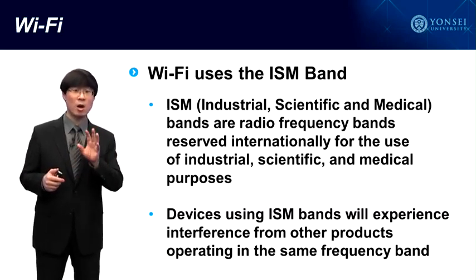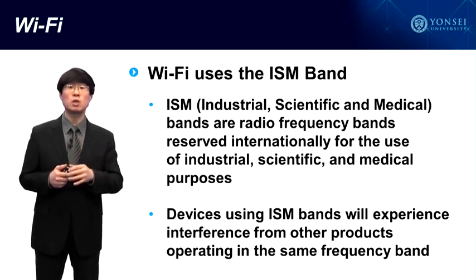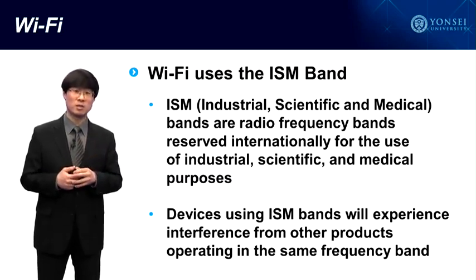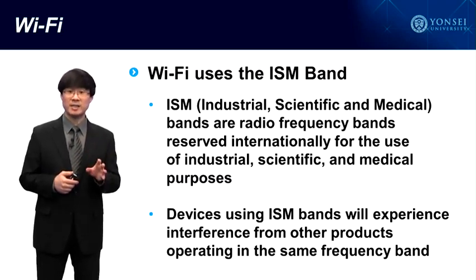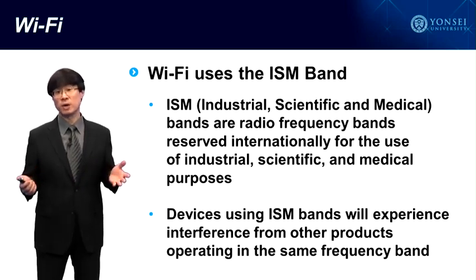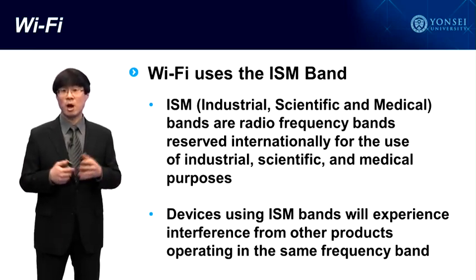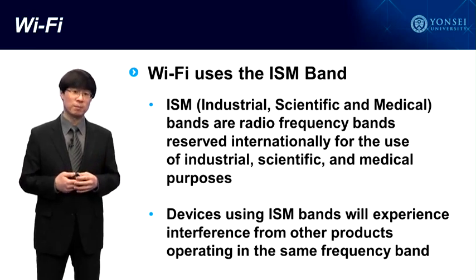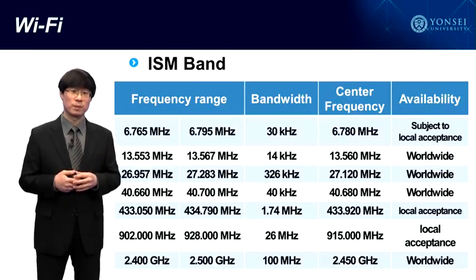However, there are regulations on how you can use the signal in these frequency ranges. Devices using the ISM band will experience interference from other products operating at the same frequency band. This is unavoidable.